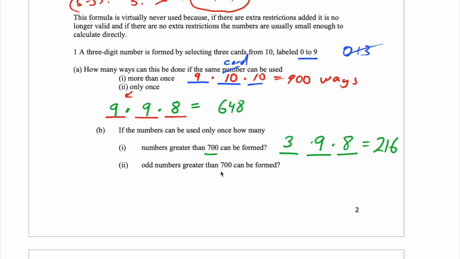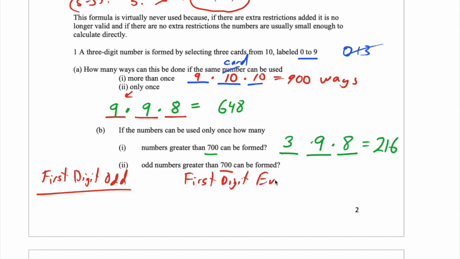Now the last one's a bit trickier. Odd numbers greater than 700. So if it's an odd number, the last digit is odd, like 1, 3, 5, 7, or 9. Okay, but you have to be careful. You have to do 2 cases here: the case of first digit odd or first digit even.